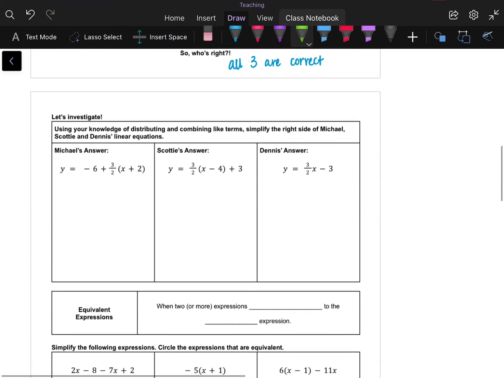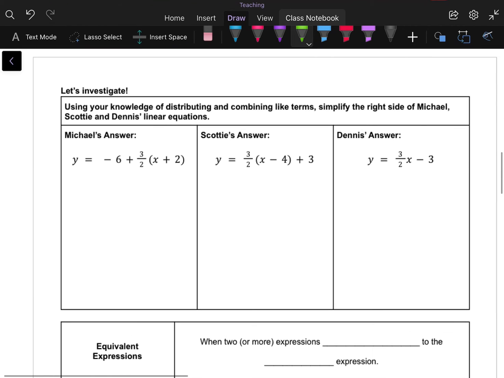So using algebra, how could we prove those equations are the same? Well, here are our equations again. So we're going to use what we know about distributing and what we know about combining like terms to simplify the right side of each of these equations and see what we notice. So in Michael's answer, let's start there. We want to simplify his equation.